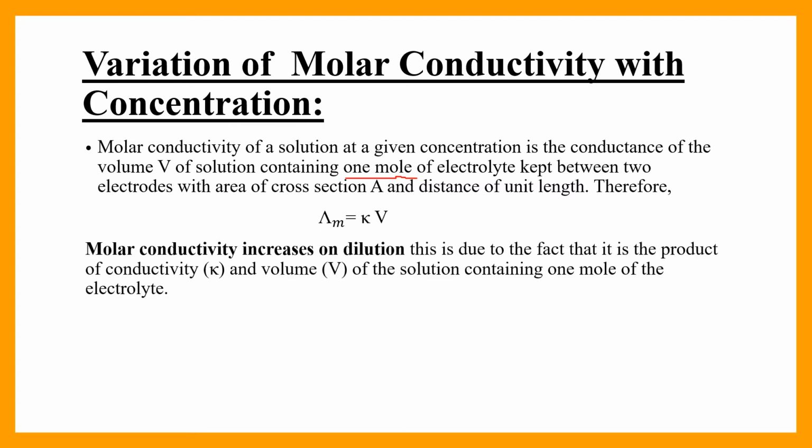From this, molar conductivity increases on increasing dilution. This is due to the fact that it is the product of conductivity K and volume V of the solution containing 1 mole of the electrolyte.